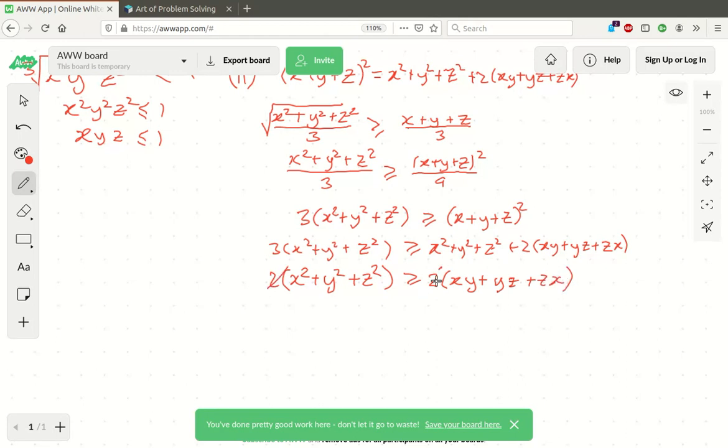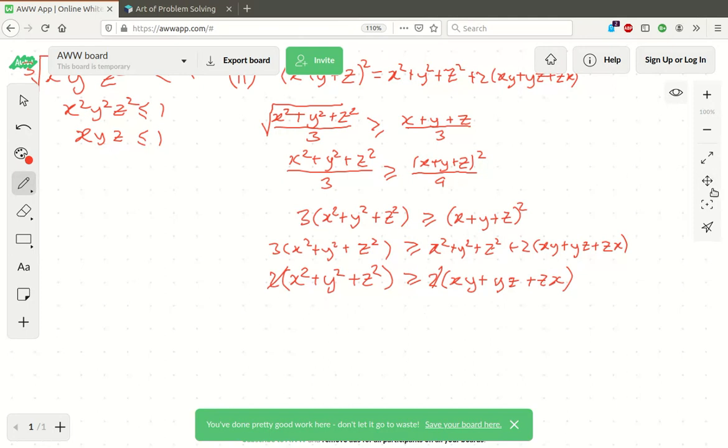Cross out the 2's. I've then got that x squared plus y squared plus z squared is going to be less than or equal to xy plus yz plus zx.